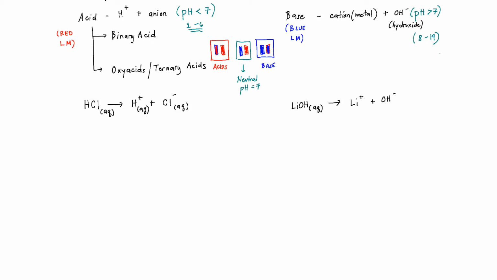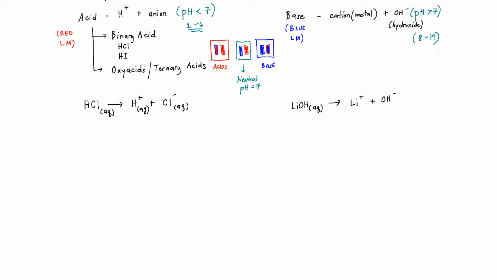Now, our focus for our discussion will be how to name binary acids as well as oxyacids and ternary acids. Now, let's focus first on naming binary acids. Examples of binary acids are hydrochloric, hydroiodic acid.